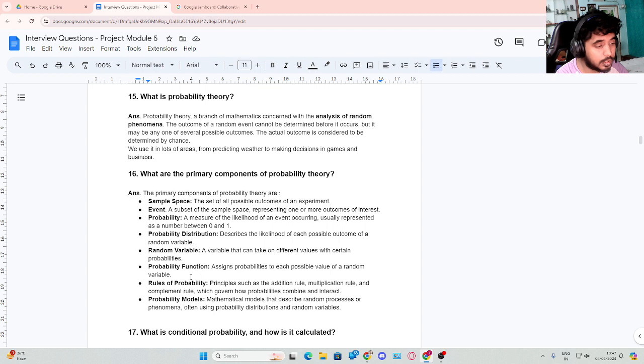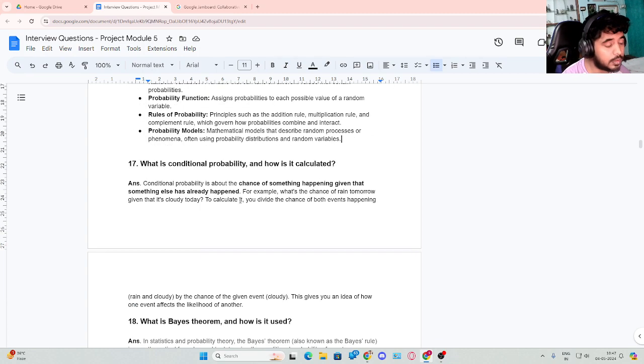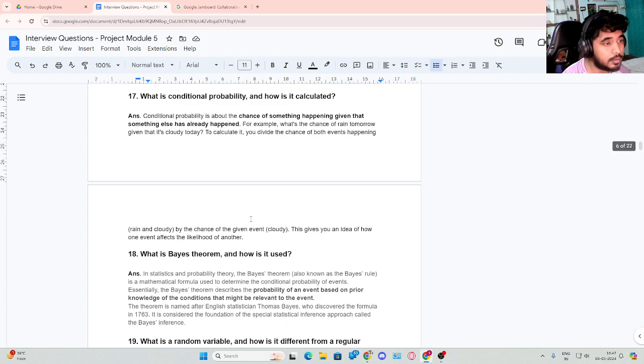It is taking into account all variables and their probabilities, and creating a model which can give us statistics on which we can base our assumptions on that sample space. So these are the components of probability theory.